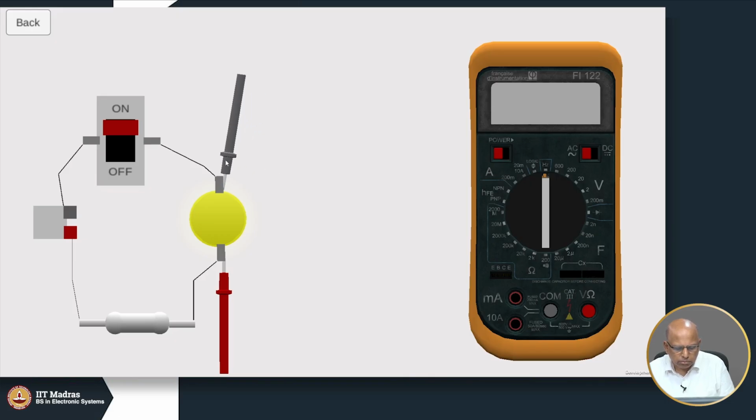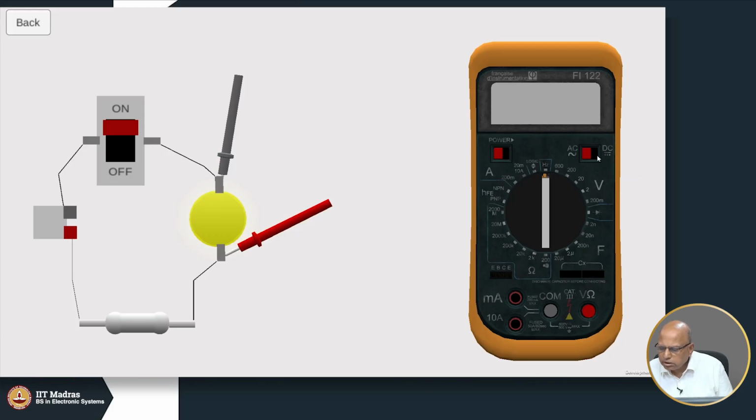I am using my right click to adjust this. We are using DC measurement, and we can turn on the power. So, we have to adjust this correctly.